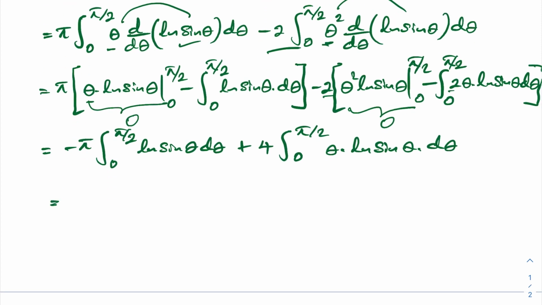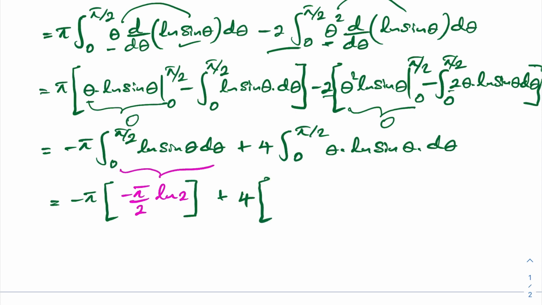Okay, now here minus pi times, in a previous video I solved this integral from 0 to pi over 2 of natural log of sine of theta. If you want you can watch this video. I will add the link in the description. The answer of this integral is minus pi over 2 natural log of 2, then here plus 4 times.